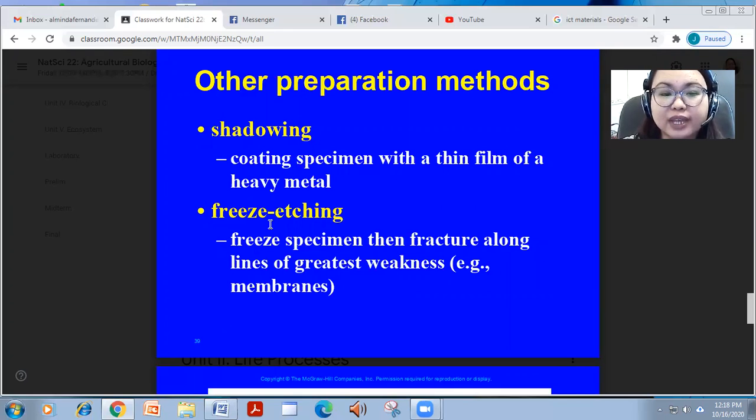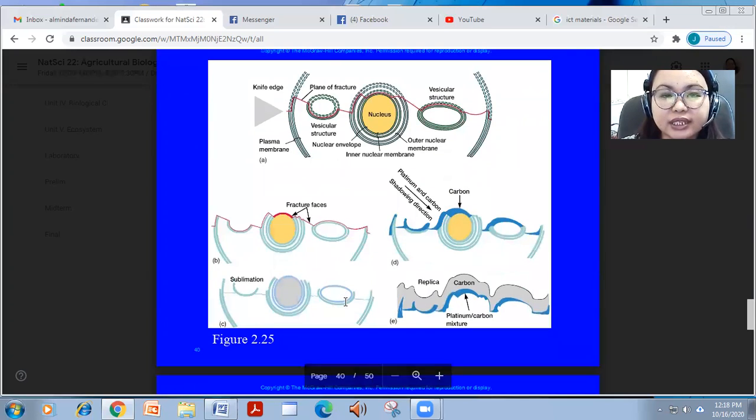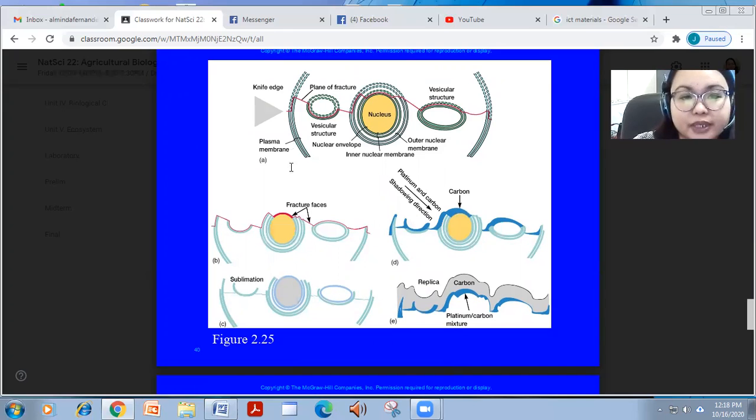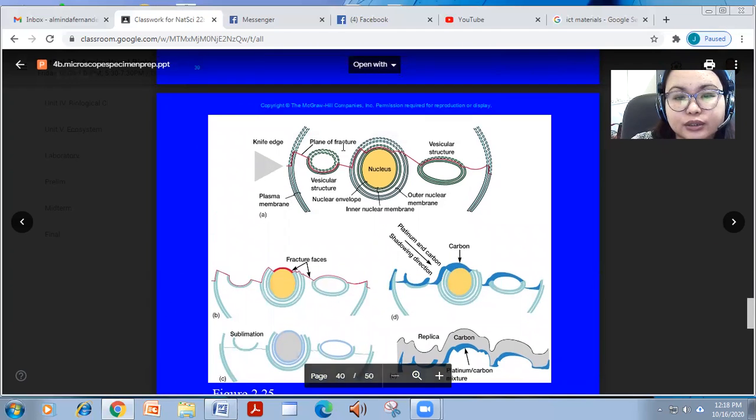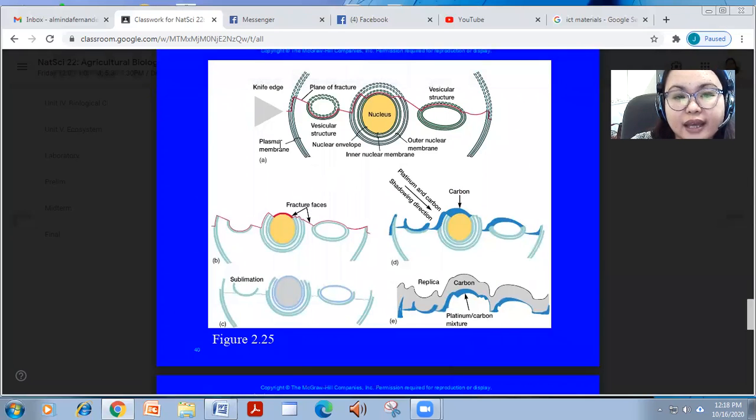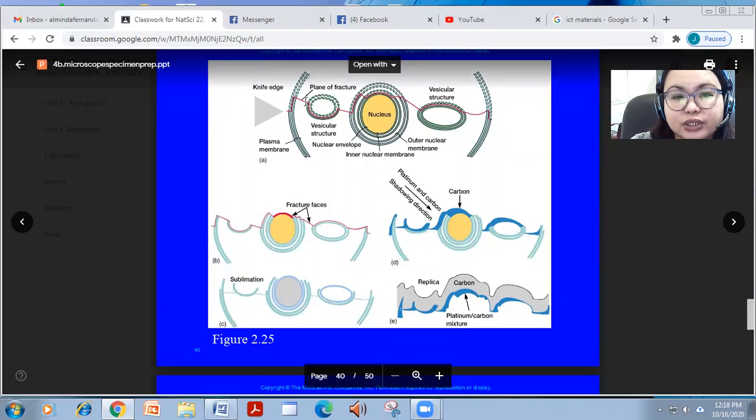Another one is freeze etching, where we freeze the specimen, then fracture along lines of greatest weakness, like the membranes. This figure shows how the different preparations are done for electron microscopy. If this is the plasma membrane, you can see here the nucleus of the cell, and using the knife edge, you have to fracture.